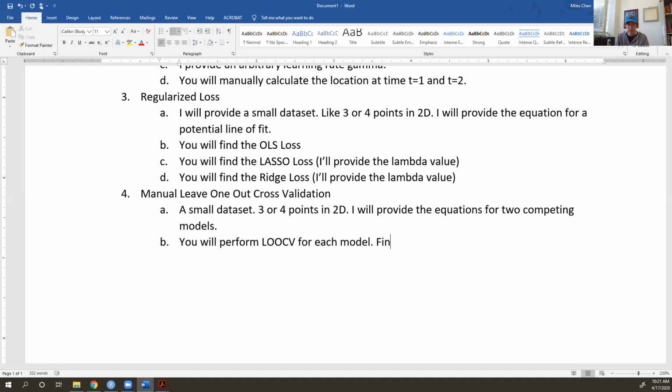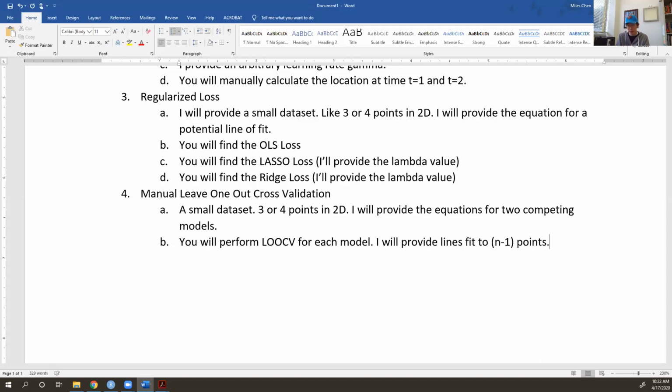So I'll provide the equations for 2 competing models. What this will look like is, I will provide lines fit to n-1 points.